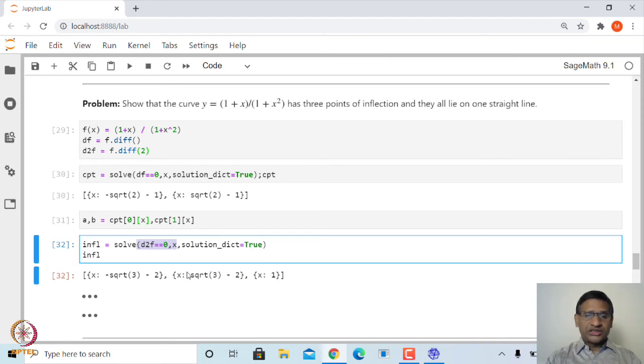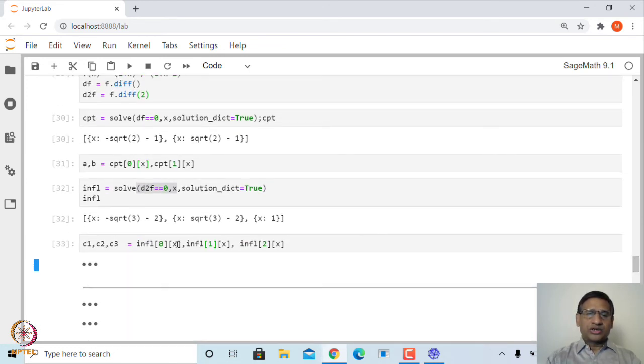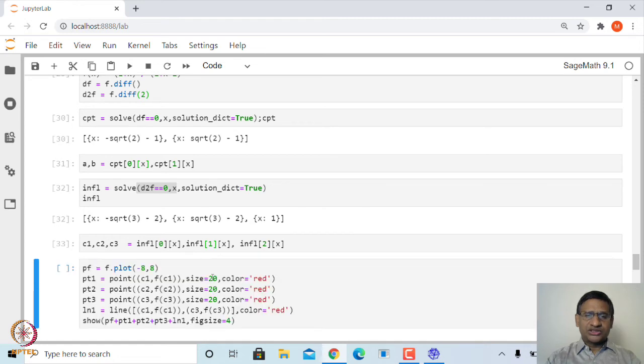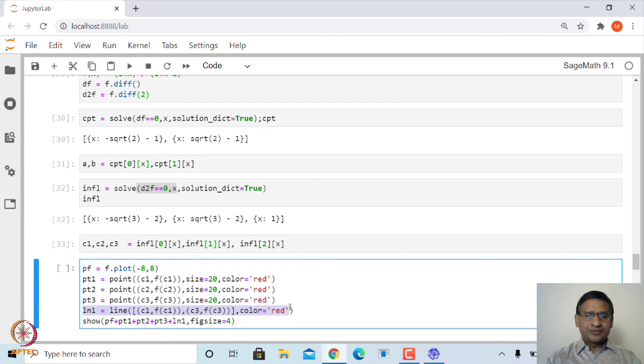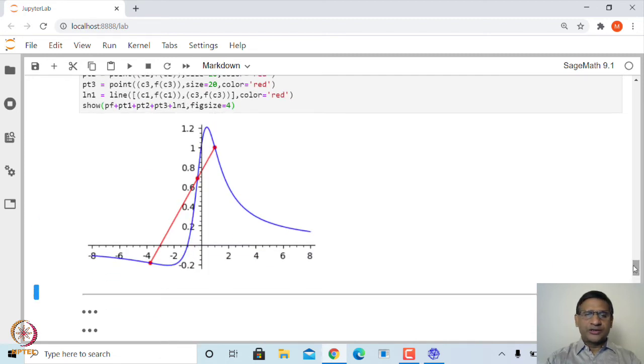One is at minus 2 minus square root 3, the other one is square root 3 minus 2, and the third one is at 1. So, again let us store these in C1, C2, C3, and then plot the graph of the function along with all these inflection points, and then join the line joining C1, f(C1) and C3, f(C3), and then see whether the second point also lies on this. So, that is what you can see here.